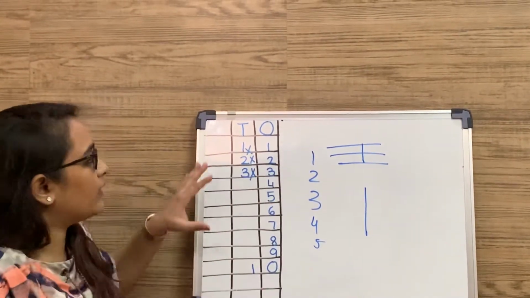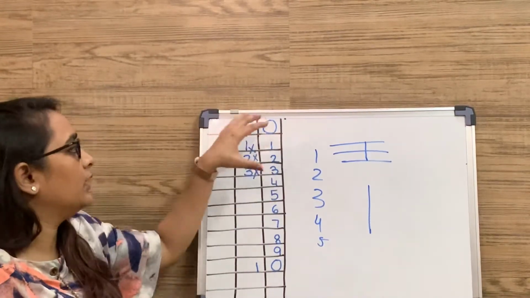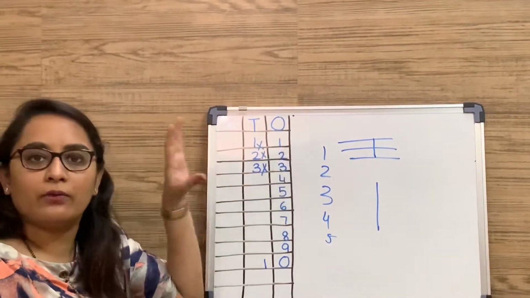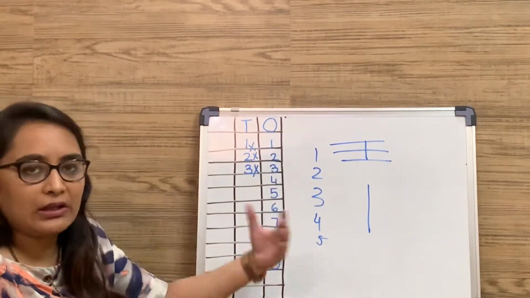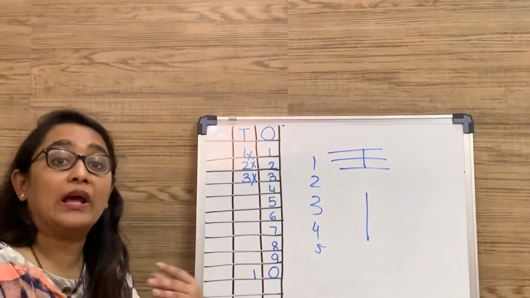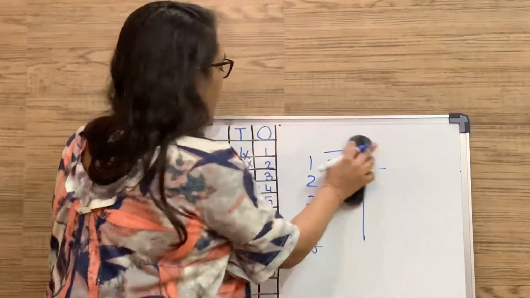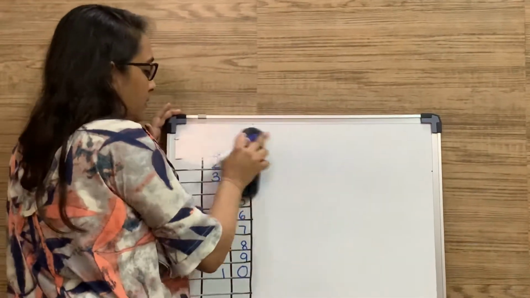So I would prefer, please use this type of blocks copy, and please make the concept of tens and ones clear to them. After these numbers, I will tell you about tens and ones also, but now I will show you how to write the numbers. Firstly, they should recognize the number.